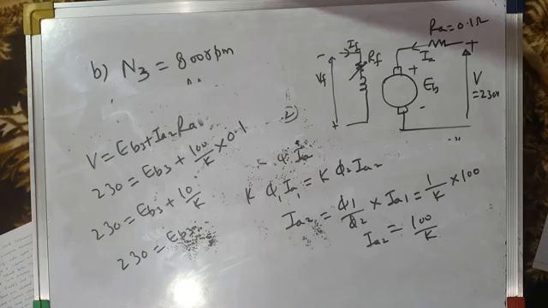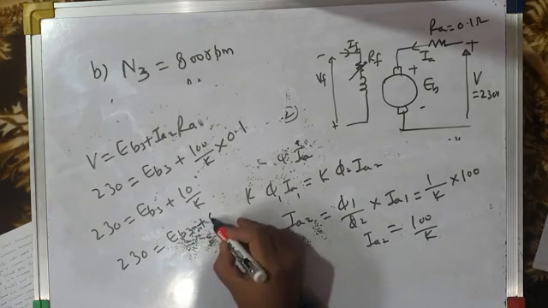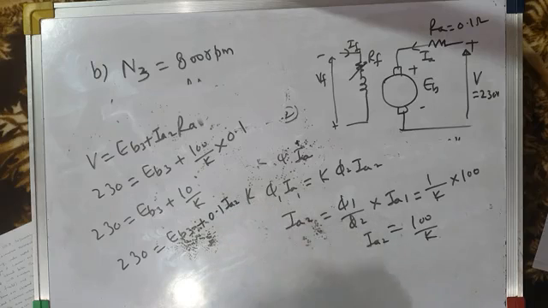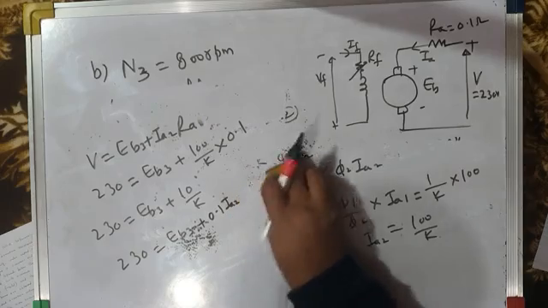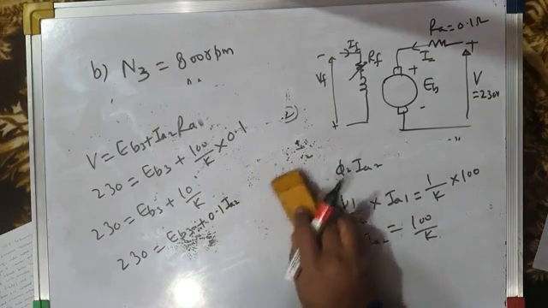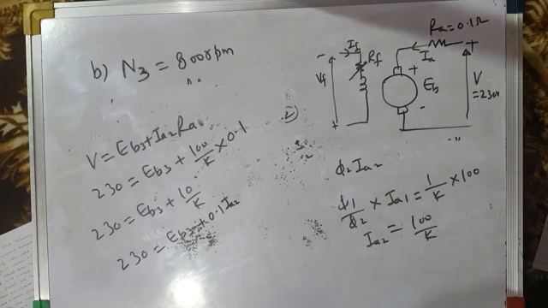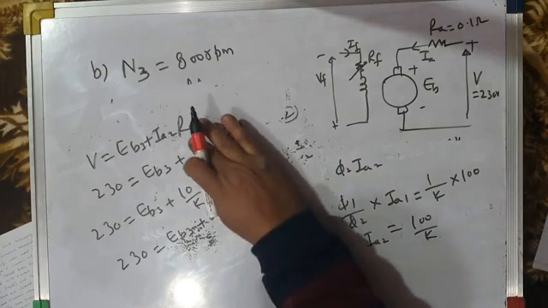Ia2 is 100 by K. V is E plus Ia2 R. 230 is E3 plus 0.1 Ia2.